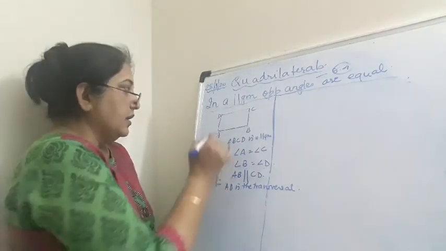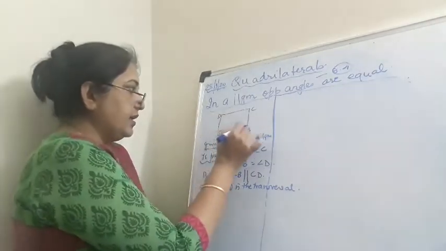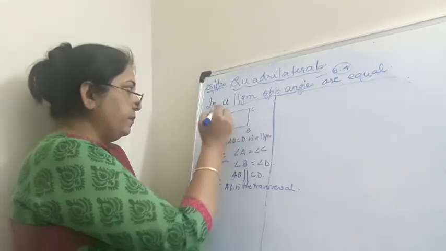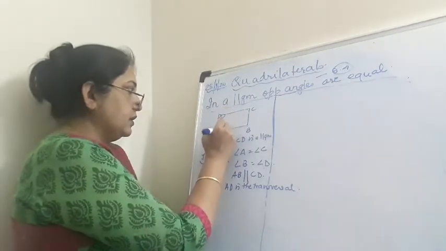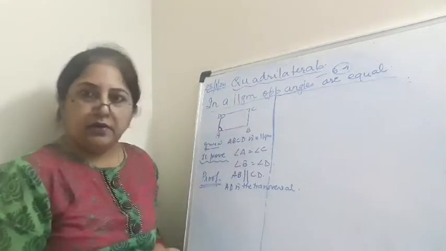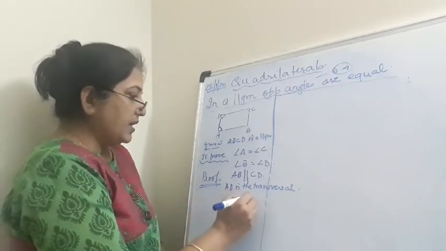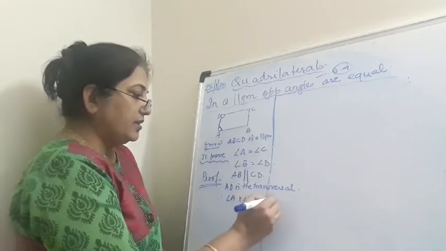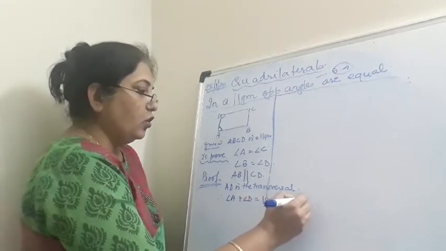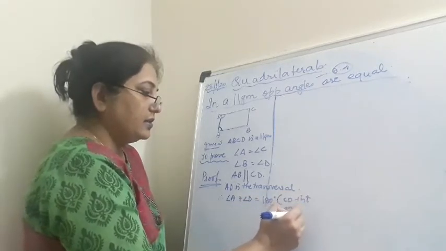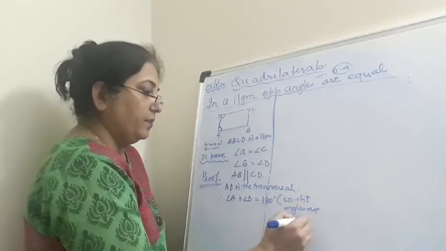You know that if two parallel lines are intersected by a transversal, these angles will be supplementary. So therefore I will write angle A plus angle D is equal to 180 degrees. You will write co-interior angles are supplementary.